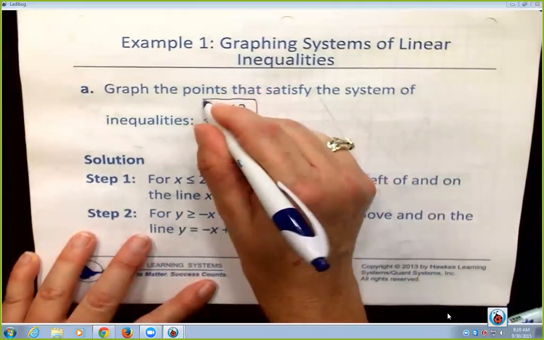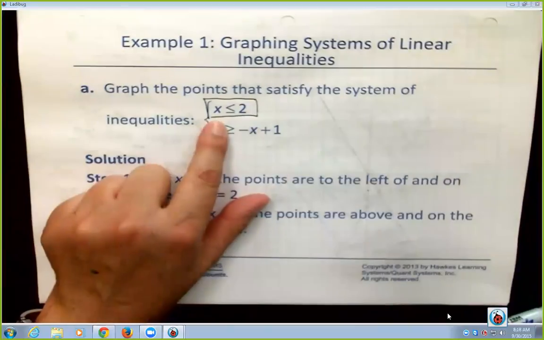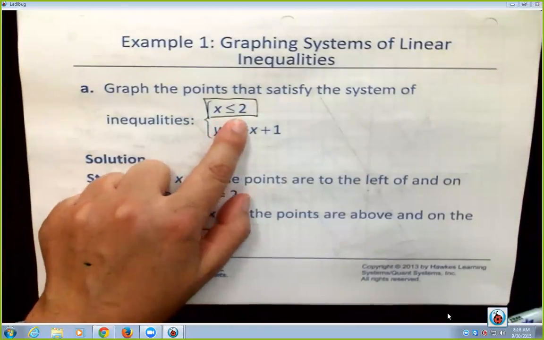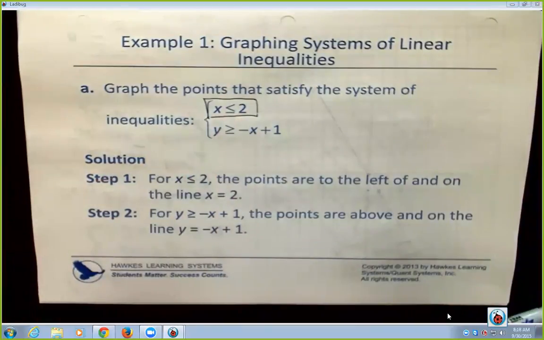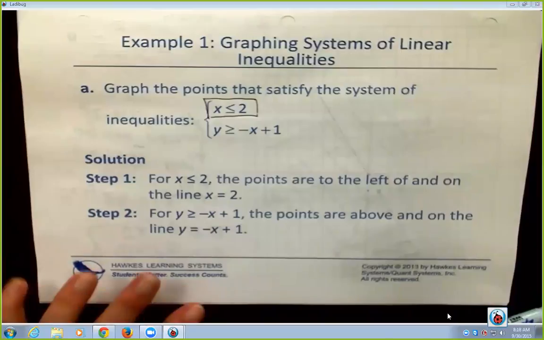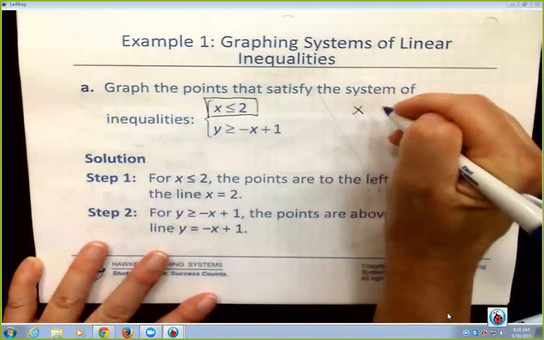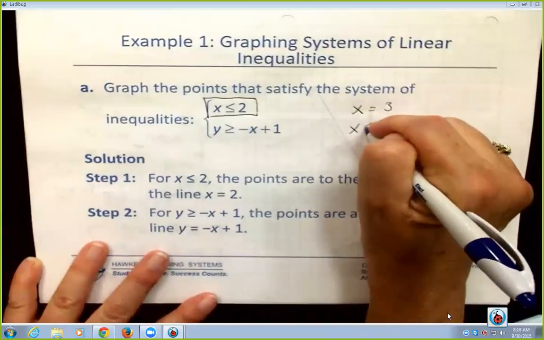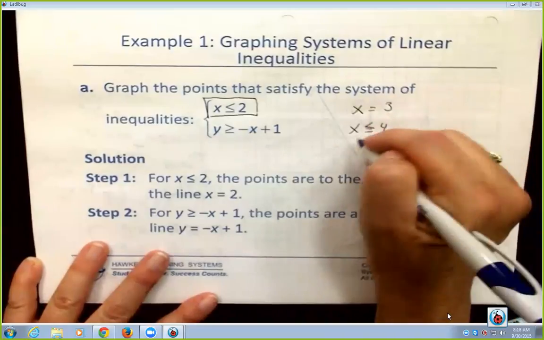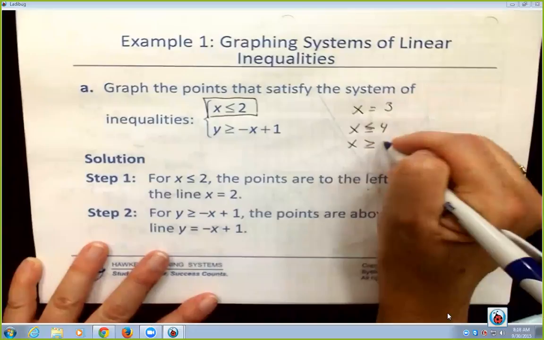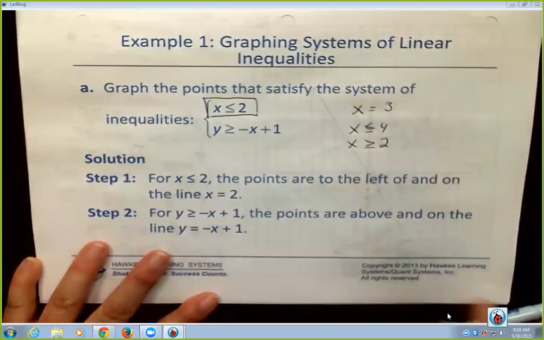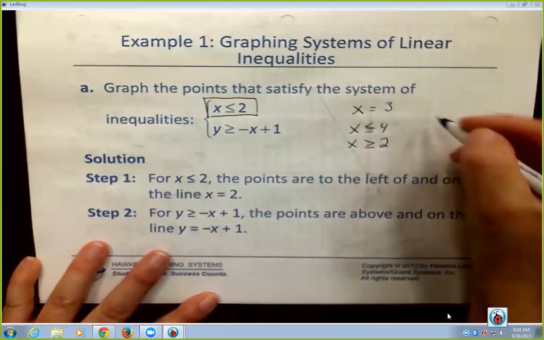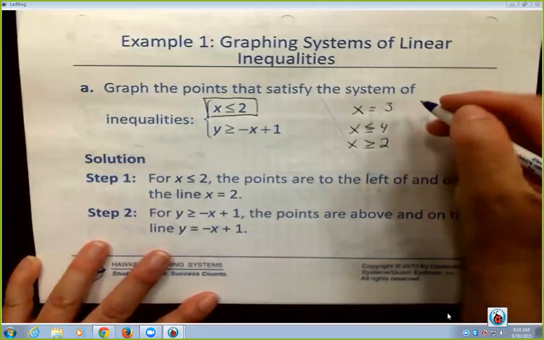If you look at this equation, x is less than or equal to 2. That equation graphs as a special line. It has no y in there, notice? So anytime that you have x equal to 3, x less than or equal to 4, or x greater than or equal to 2, the shape of this line is always going to be a vertical line.